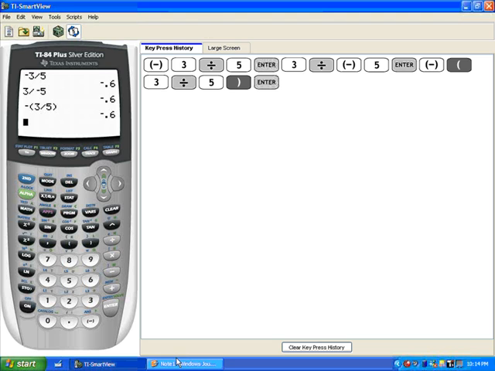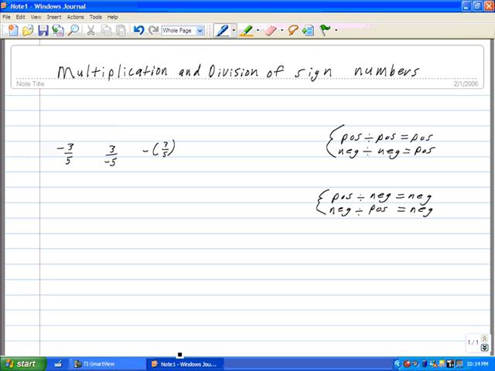So what this tells us is that we can actually make a generalization here that whether the negative is on the top or whether it's on the bottom or simply off to the side, it's all the same thing. So this allows us, when we're dealing with problems and fractions are involved, to put our negative signs wherever we want. Top, bottom, off to the side, it's all going to be the same.